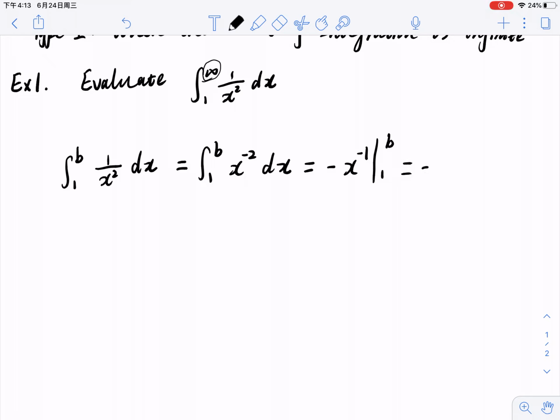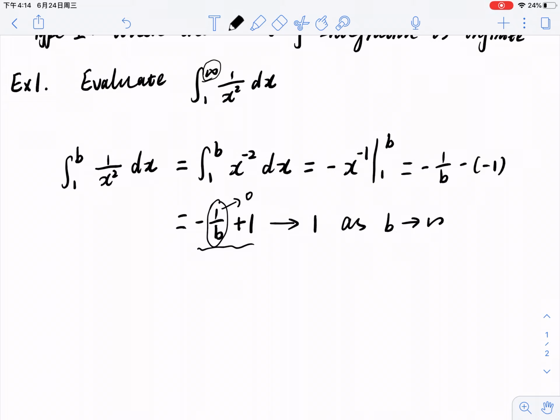Then this is negative 1 over b minus negative 1. So this is negative 1 over b plus 1. So now we let b go to infinity. As b goes to infinity, this one goes to 0. So we have this then goes to 1 as b goes to infinity.